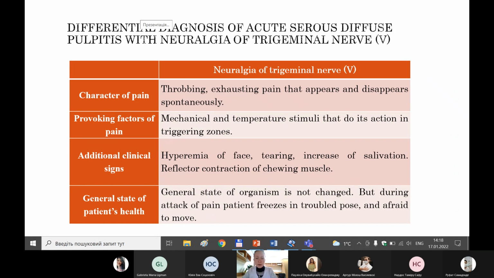That's why the patient tries not to move, not to cause pain for themselves if they feel that an attack of pain starts. And one more, I will stress your attention on triggers. Triggers are important in detecting neuralgia of the trigeminal nerve.